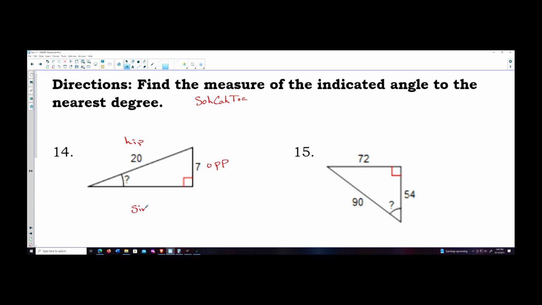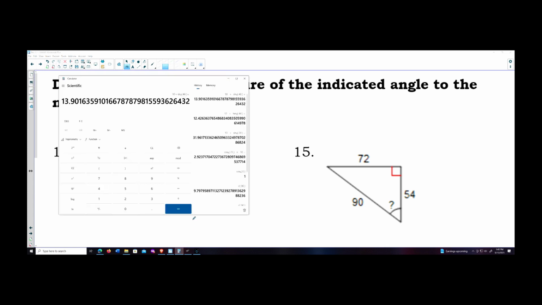So sine inverse of the opposite divided by the hypotenuse, and I'm going to put that on the calculator and it will give me my answer. So let's clear it.